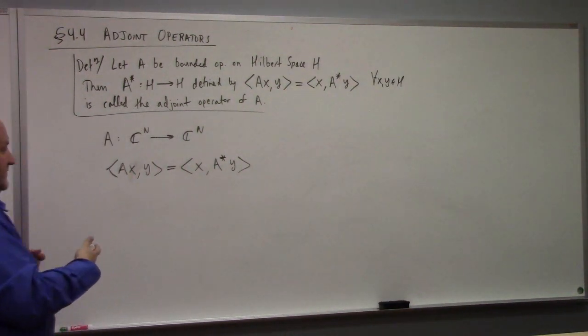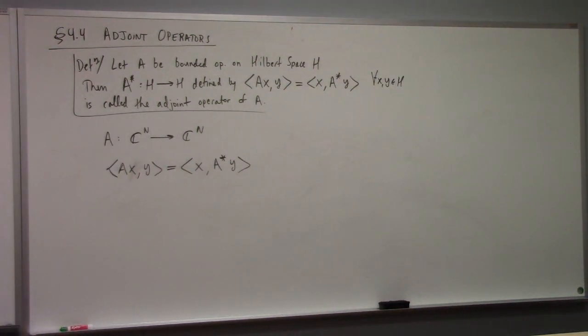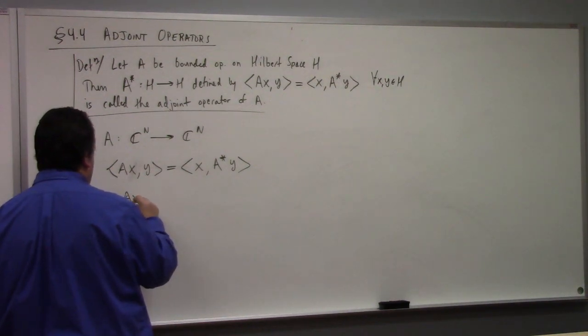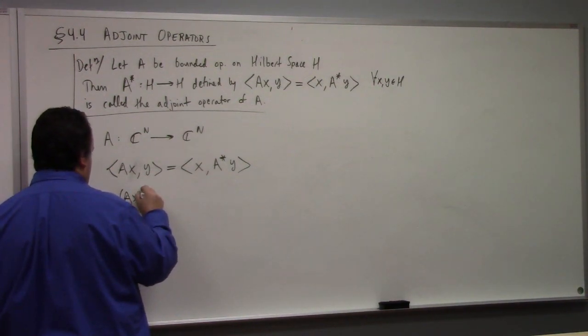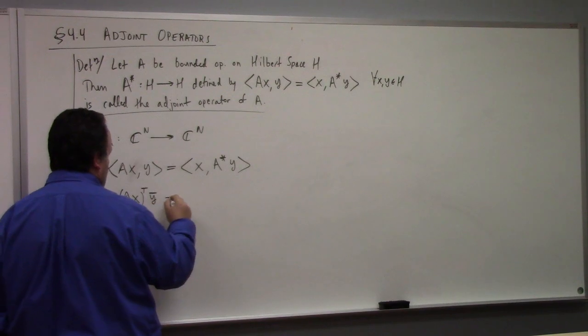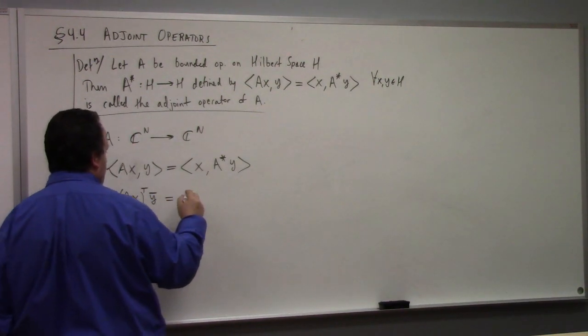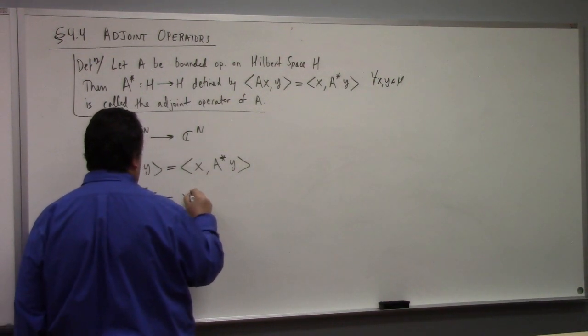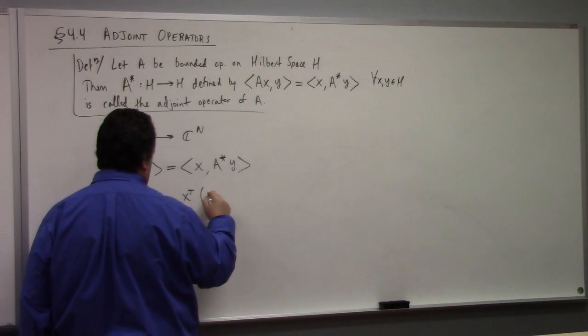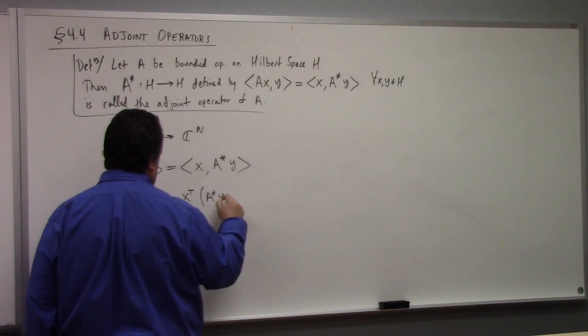Well, by definition of the inner product on Cn, we're talking about Ax transpose times y conjugate, which is equal to x transpose A star y conjugate.